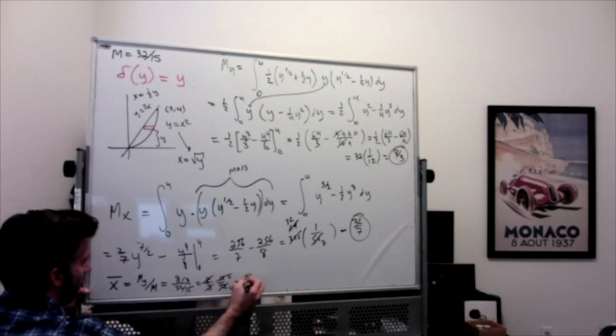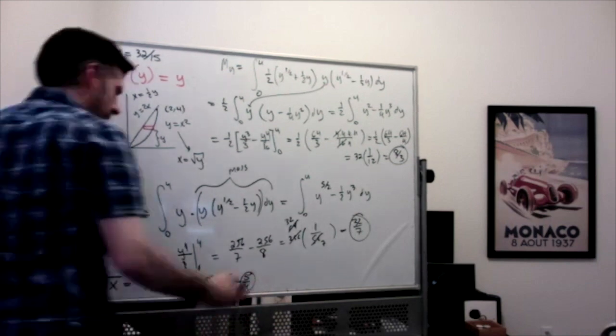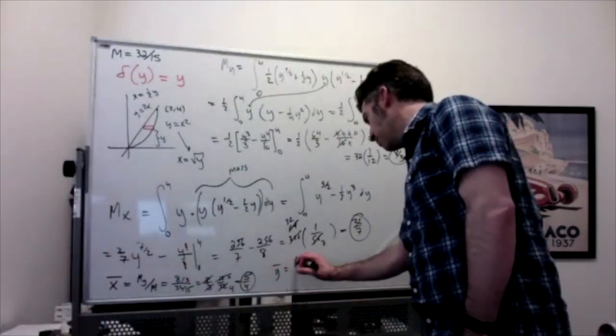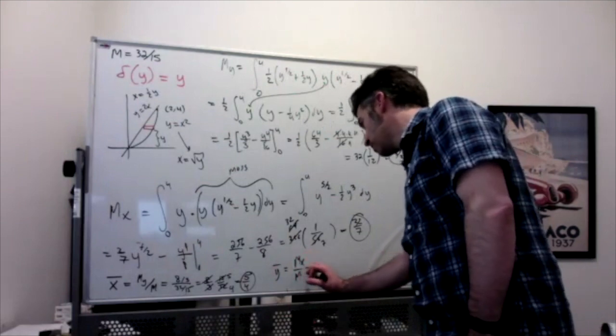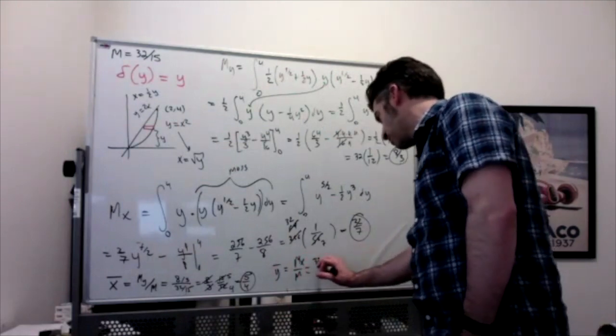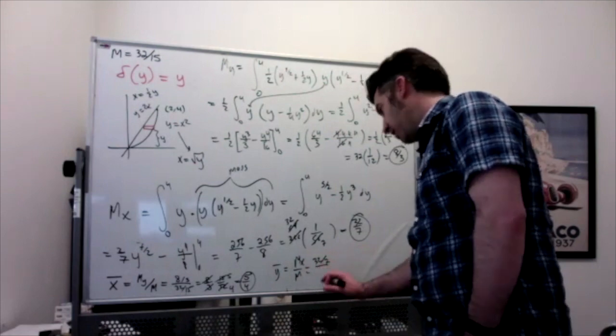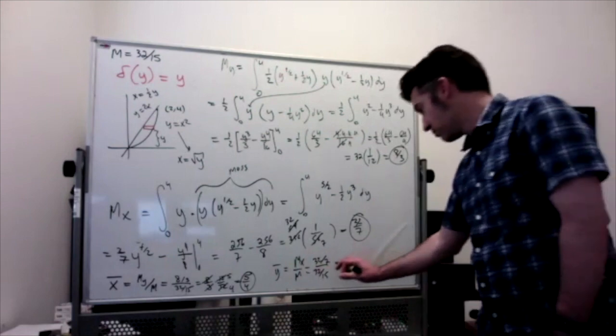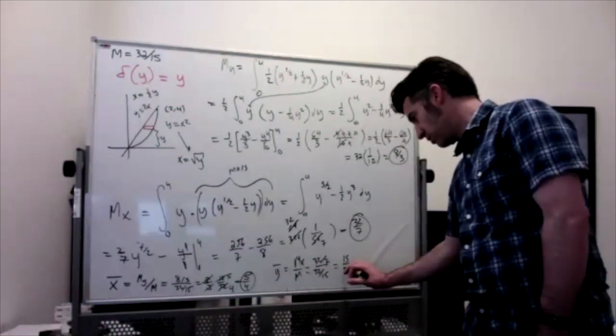So that's 5/4. And the y bar coordinate is mx divided by the mass, which is 32/7 divided by 32/15, which is just going to be 15 over 7, because the 32 cancels.